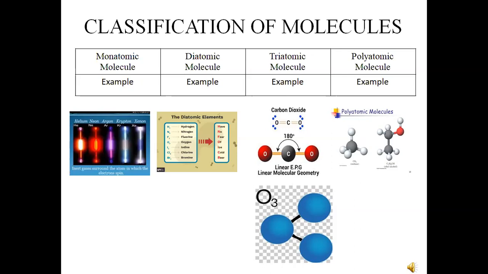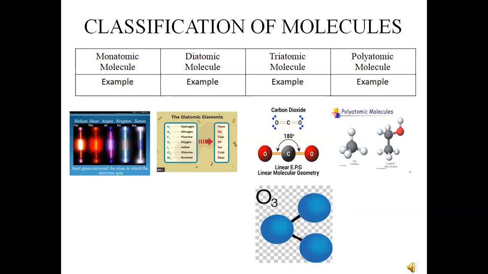F denotes fluorine. Next, O denotes oxygen, and I denotes iodine. Cl denotes chlorine, and last one, Br denotes bromine. These are examples of diatomic molecules. Diatomic molecules have two atoms.